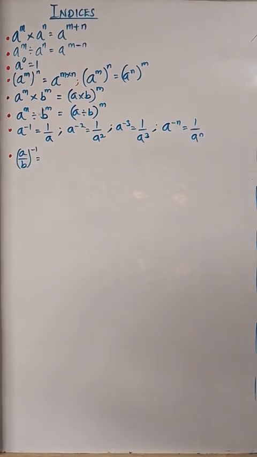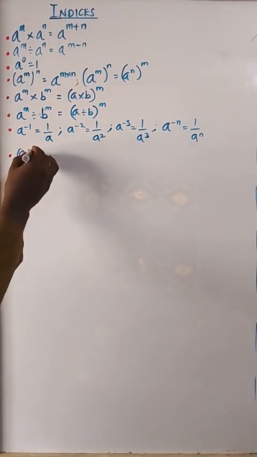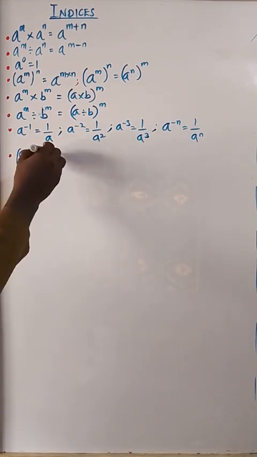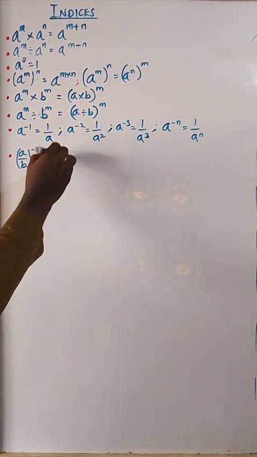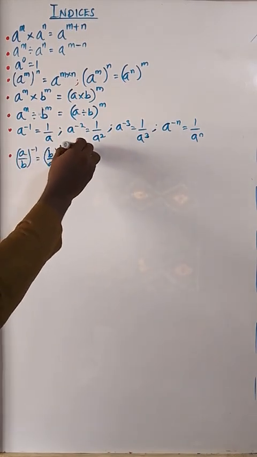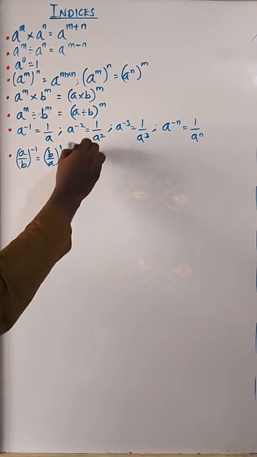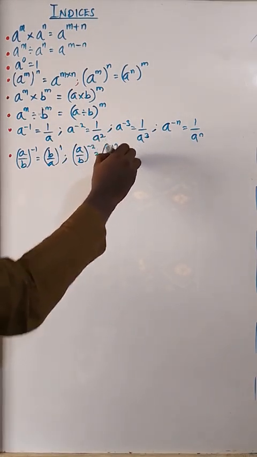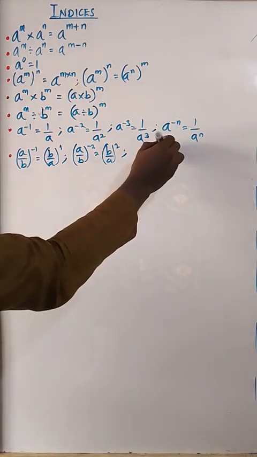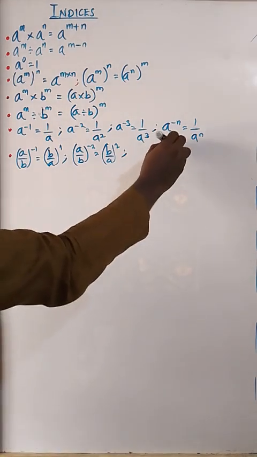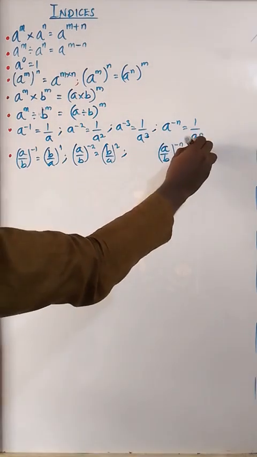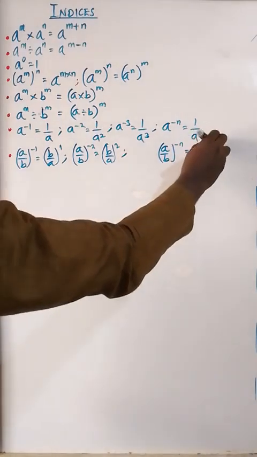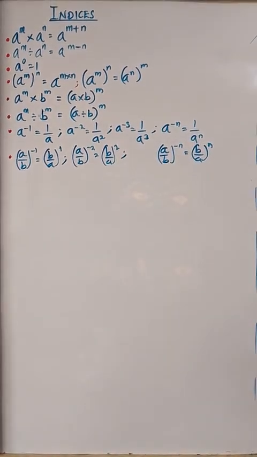Same thing goes for fractions. Suppose I have a over b raised to power minus 1. If I take this minus away, I have to do the inverse of this. So this becomes b over a, all raised to power 1. Same way, if I have a over b raised to power minus 2, it is the same thing as b over a, all raised to power 2. So we generalize: a over b, all raised to power minus n, equals b over a, all raised to power n.